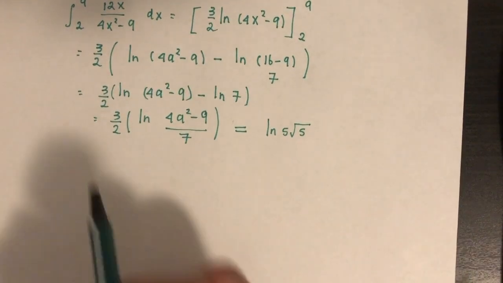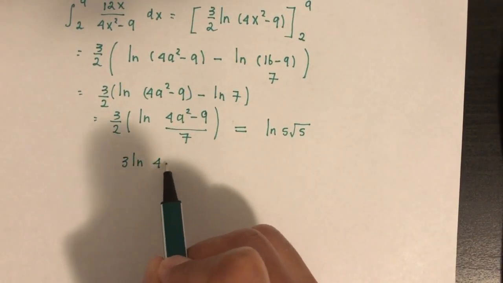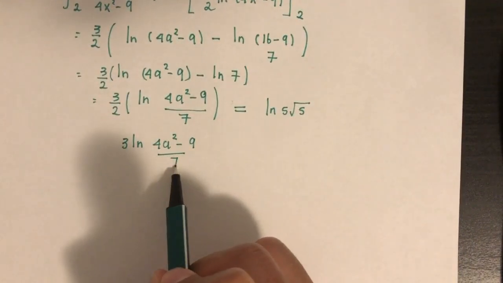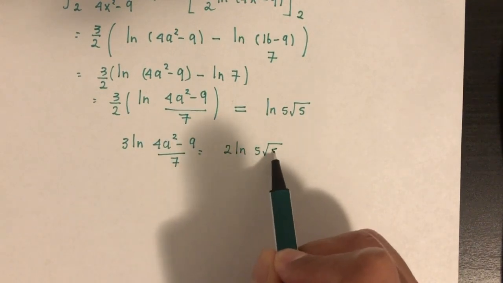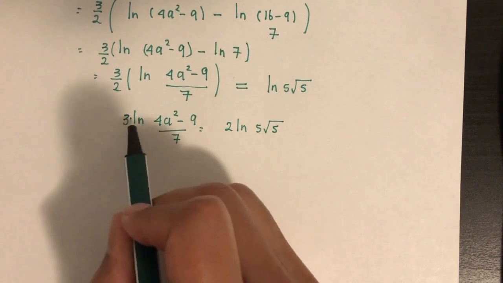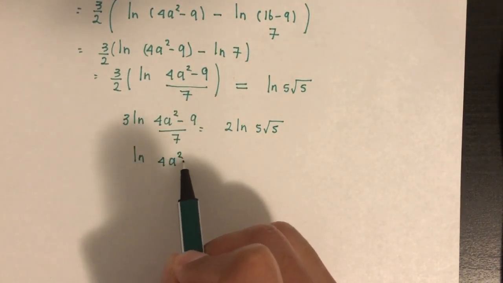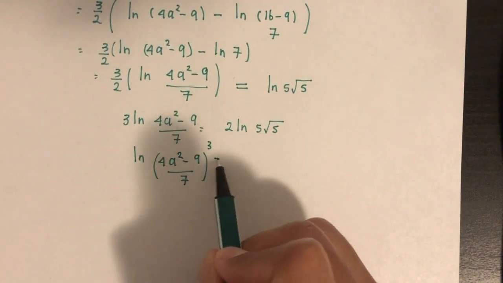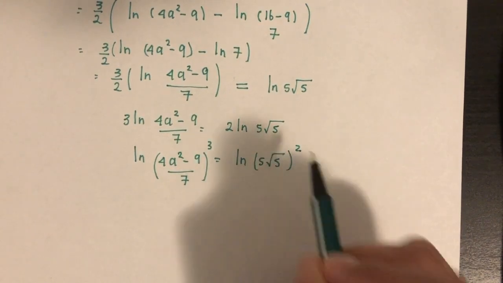So we can send 2 over here. We have 3 ln 4a squared minus 9 over 7 becomes 2 ln 5 root 5. Now we can simplify. Let's bring 3 on top. You'll have ln of 4a squared minus 9 over 7 to the power 3 equal to ln of 5 root 5 to the power 2.